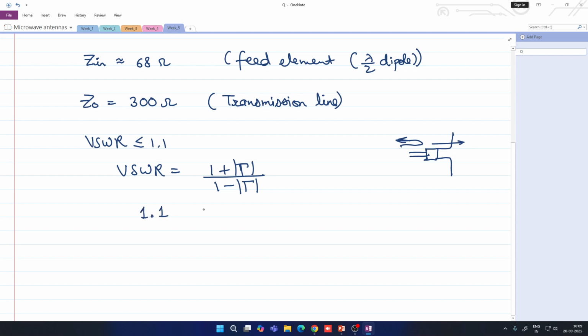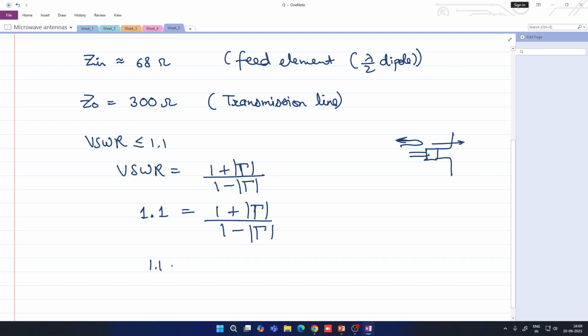VSWR of 1.1 equals 1 plus gamma divided by 1 minus gamma. We can take the denominator to this side and multiply it with 1.1.